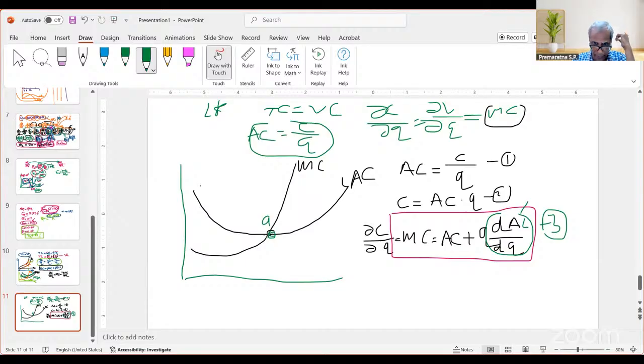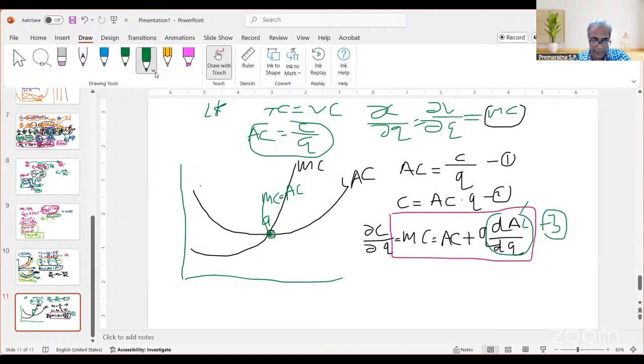Then at that point the marginal cost curve is crossing, so that there MC equals AC. MC equals AC.